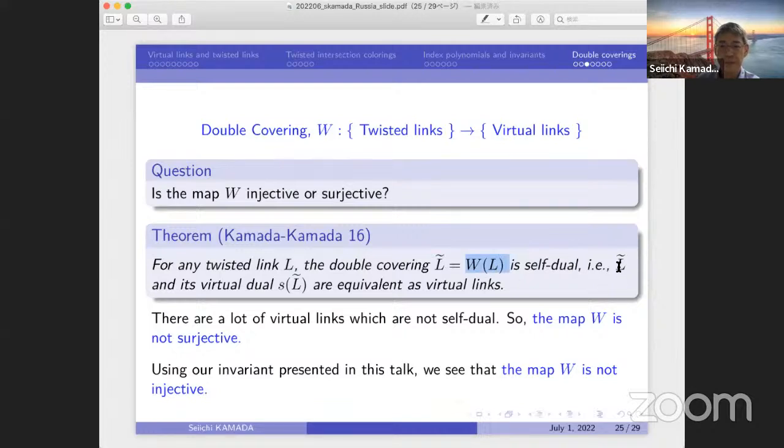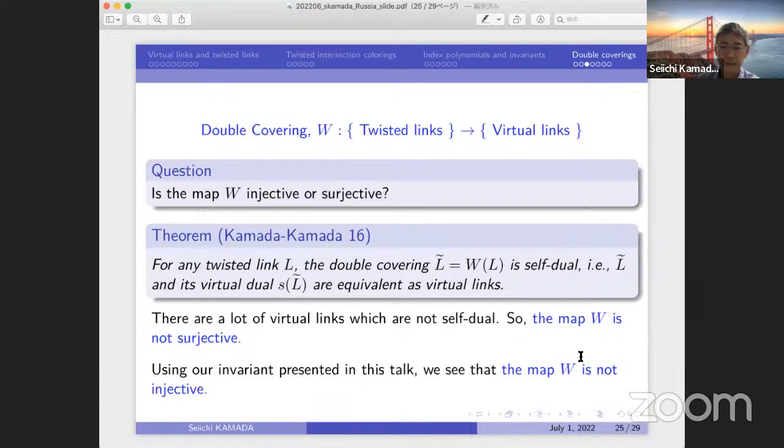Self-dual means L tilde and its virtual dual are equivalent as virtual links. And there are a lot of virtual links which are not self-dual. Such virtual links are not in the image of W. So the map W is not surjective.